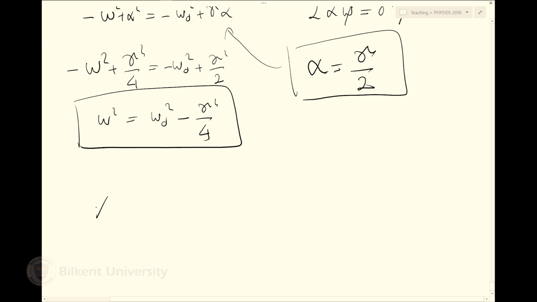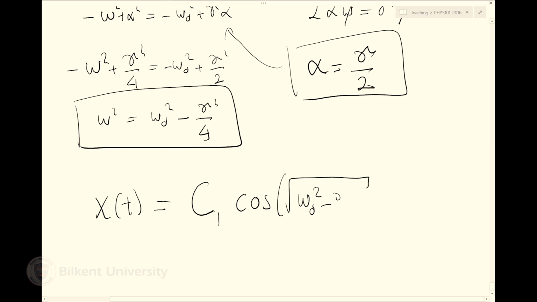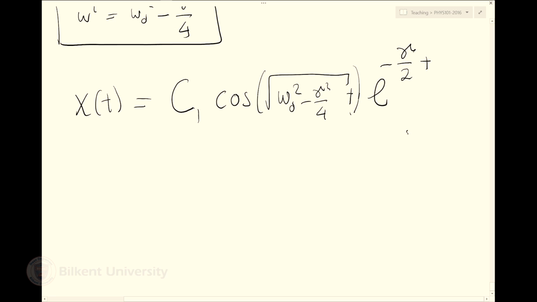I'll find that x of t is some constant that has to be determined by my initial conditions, times cosine of the square root of omega 0 squared minus gamma squared over 4 times t, times e to minus gamma over 2 t. Okay. Now, what was gamma? Gamma was b over m.